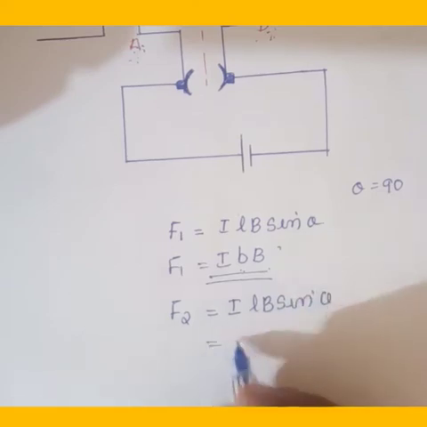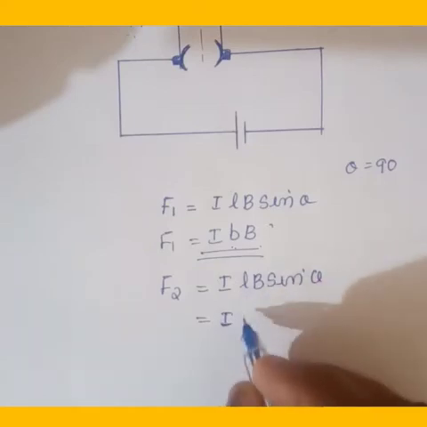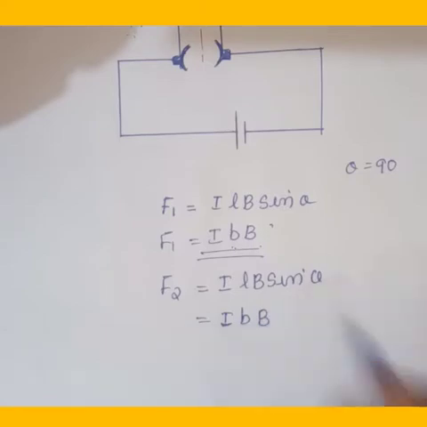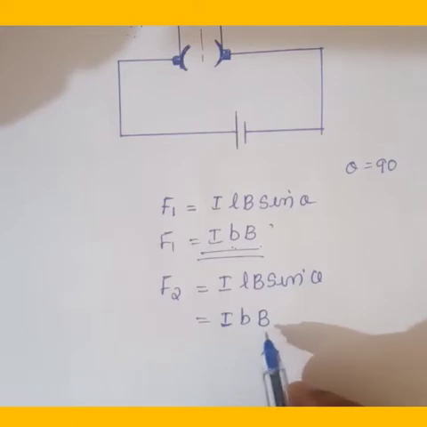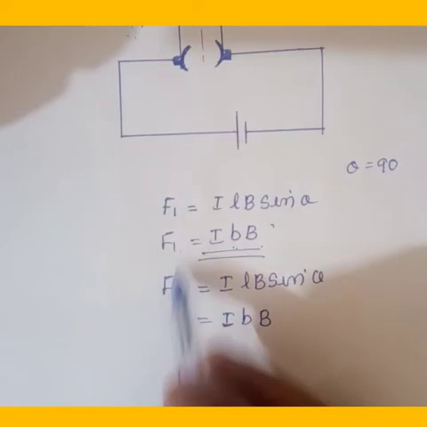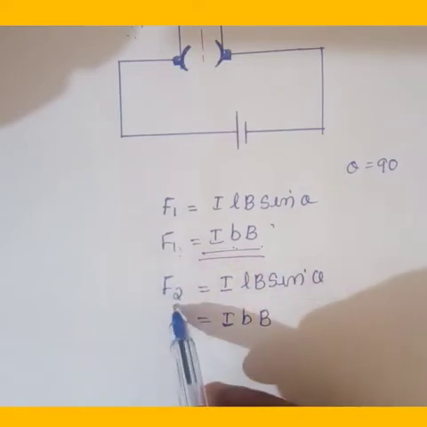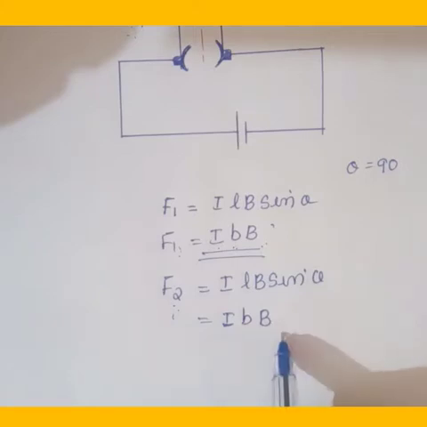The same current passes through that arm, the length of the loop is b, and sin theta is 1. So F2 is equal to I b B. Thus F1 and F2 have the same value I b B, so there is no net force on the loop.